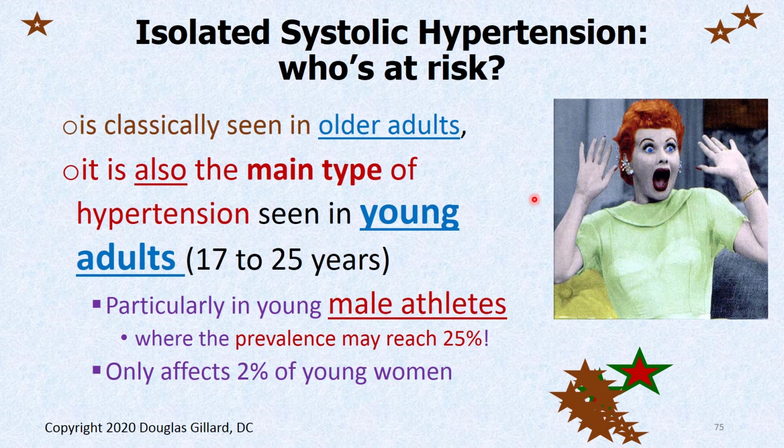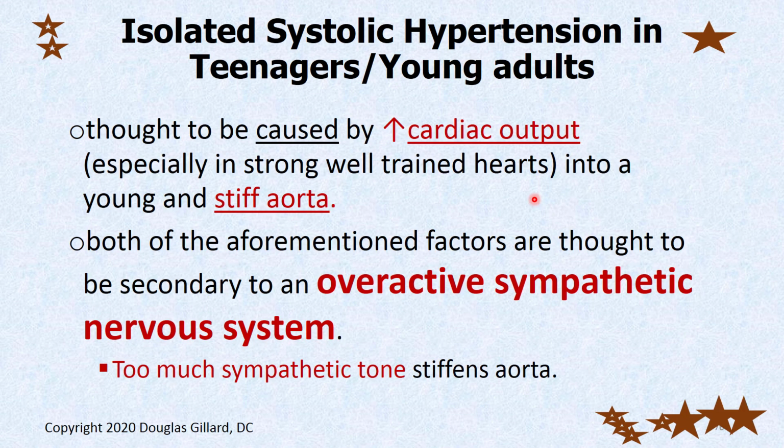It's seen in athletes. The prevalence in young male athletes in some studies is up to 25%. They're usually cross-country runners. It doesn't affect women athletes, and it's a very strange phenomenon. They think it has to do with too much sympathetic tone, an overactive sympathetic nervous system, which always has a vasoconstriction going in the tunica media.